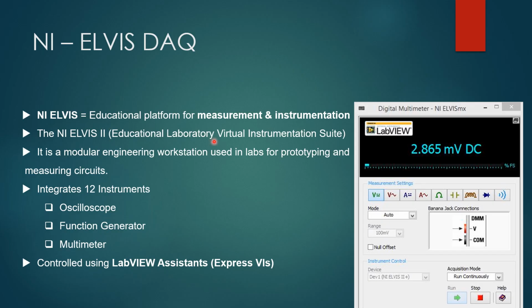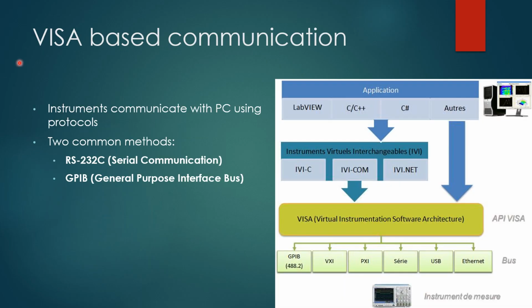So the PC acts as a virtual instrument and it is coordinated by a LabVIEW assistant by the name VISA. VISA is nothing but the Virtual Instrumentation Software Architecture, which provides communication between the field device and the PC by the use of these connectivities, where GPIB 488.2 is a standard communication protocol which provides parallel communication.